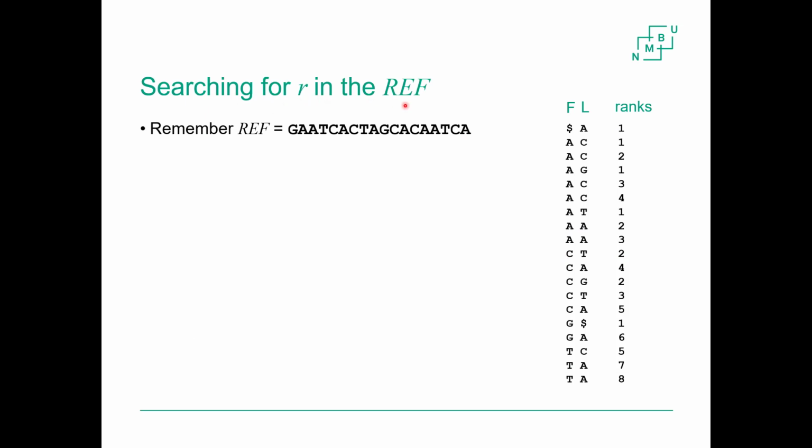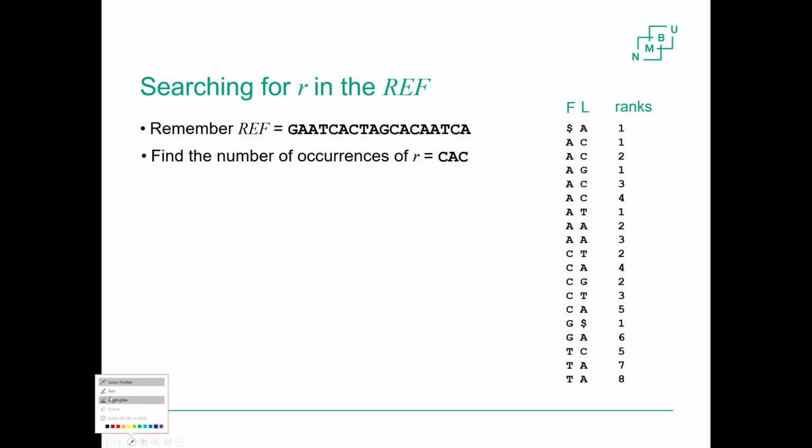Search for a read in the reference now with this FM index. How can we do that? So let's see if we can find the number of occurrences of this read here, CAC. And let me go back to this, and I think I will use a red pen. How can we find if this read here is found in our reference sequence? How do we proceed?